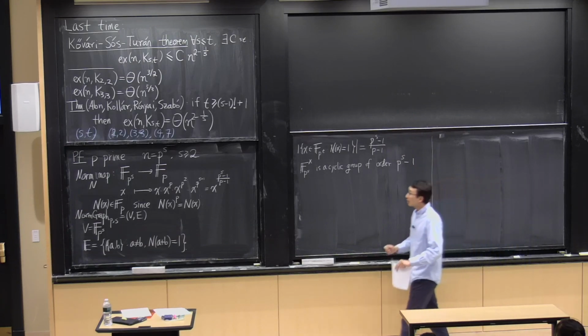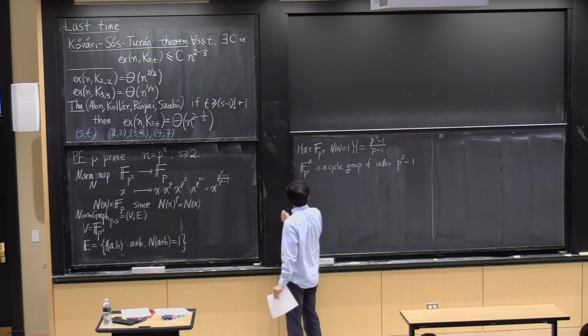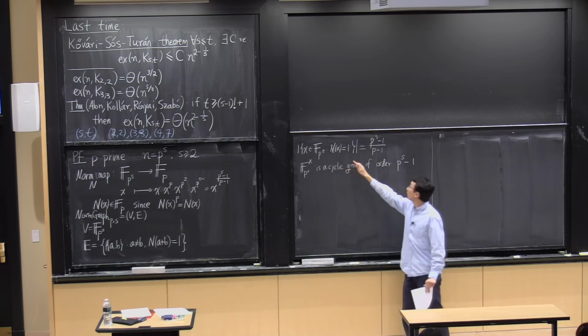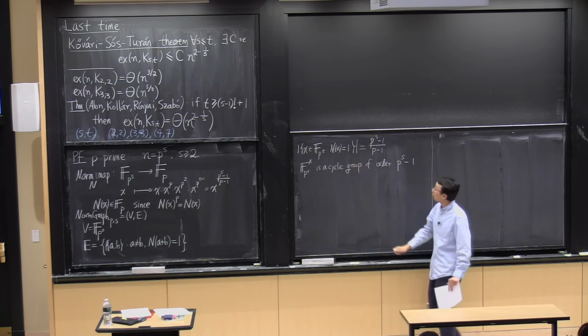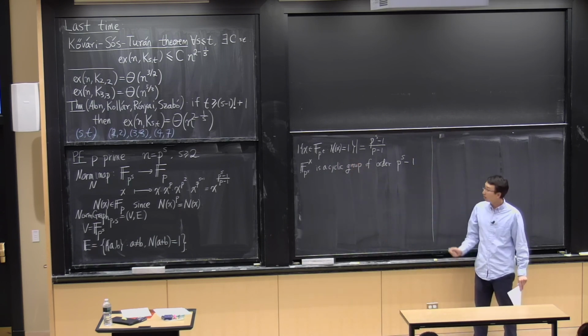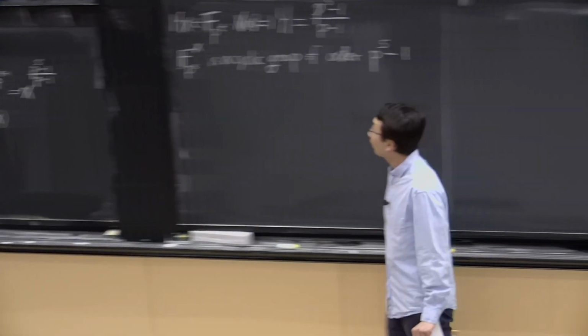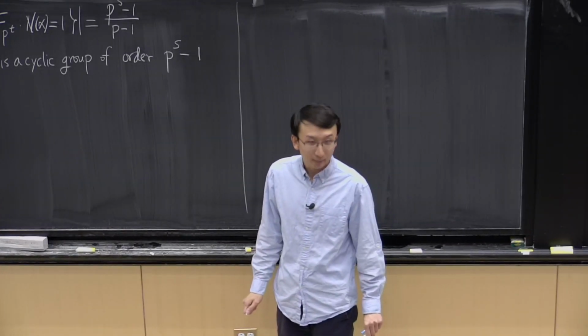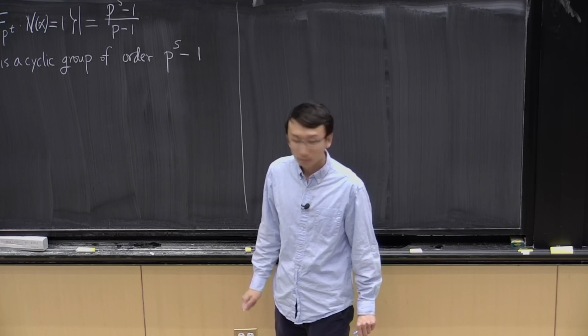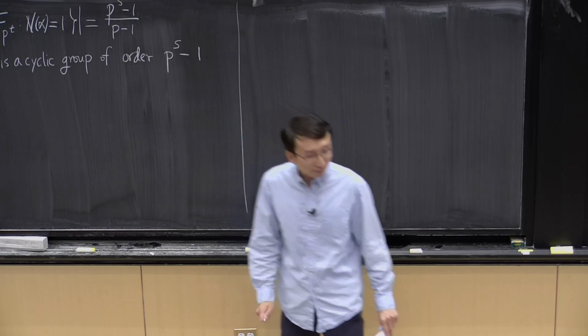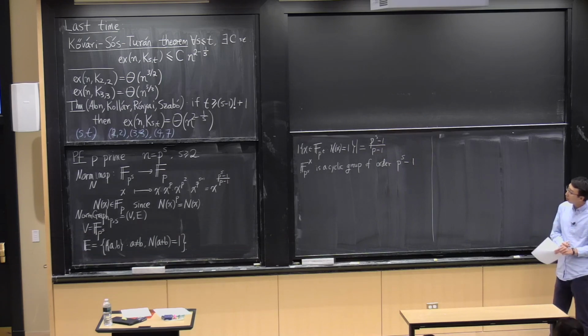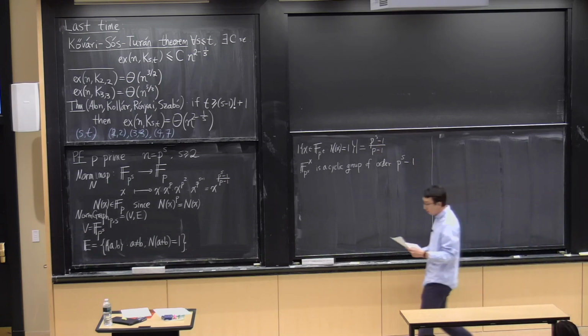So you're asking how many elements, when raised to this power here, end up at the identity. Okay, so that's the answer. That's one aspect.